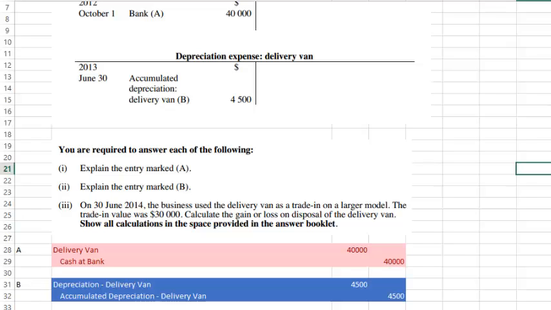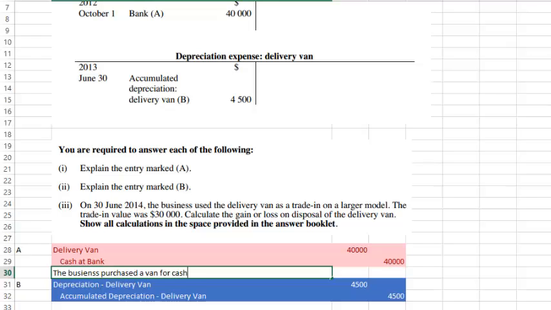We bought a delivery van for $40,000 and it was paid for by cash. Right? So what we need to do is to simply write that the business purchased a van for cash. That's it.